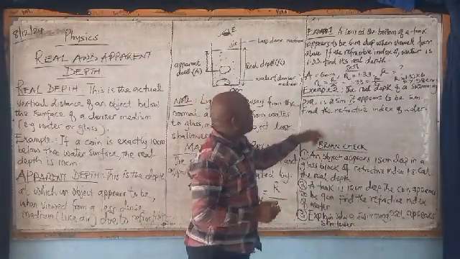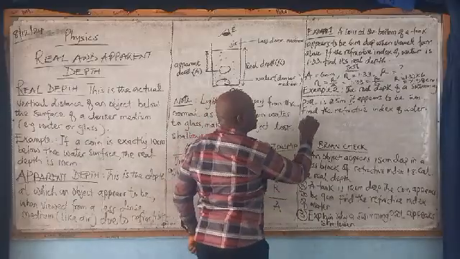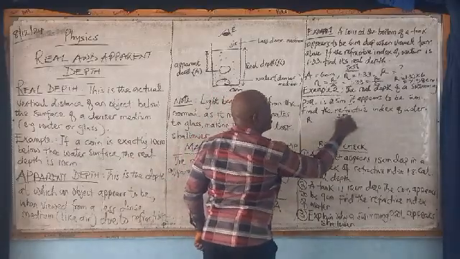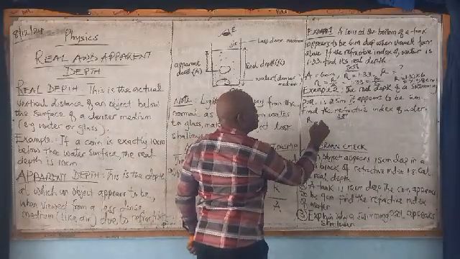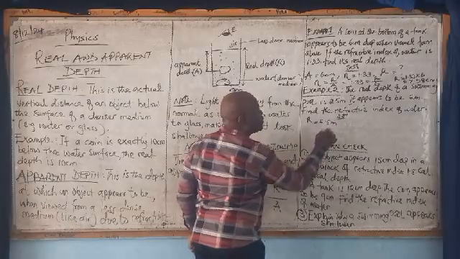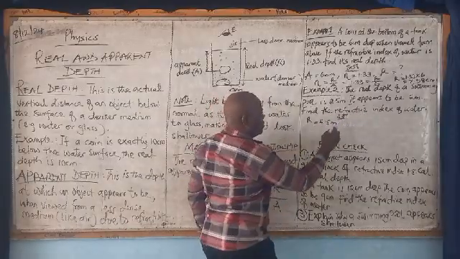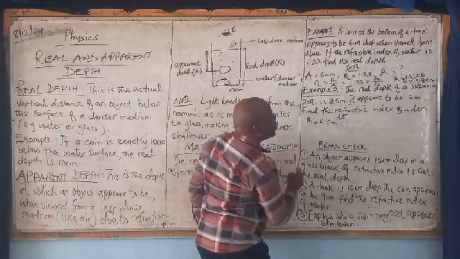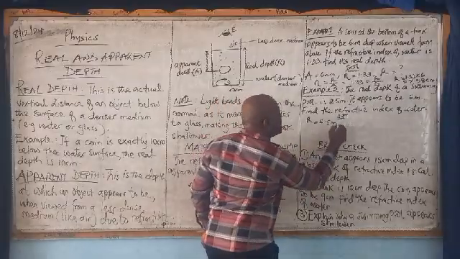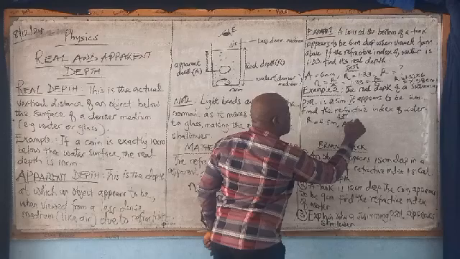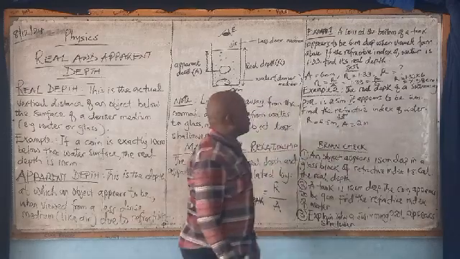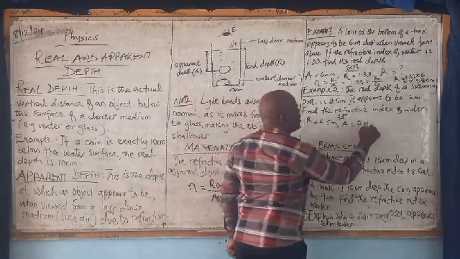Now, example 2. The real depth of a swimming pool is 2.5 meters, and it appears to be 2 meters. So the apparent depth is 2 meters. We are asked to find the refractive index.